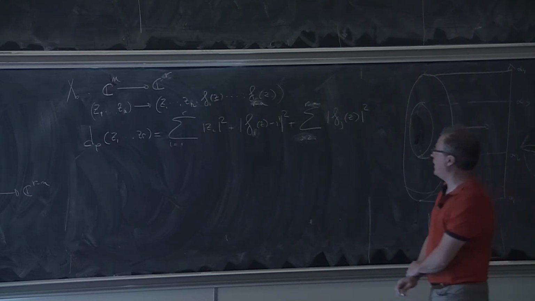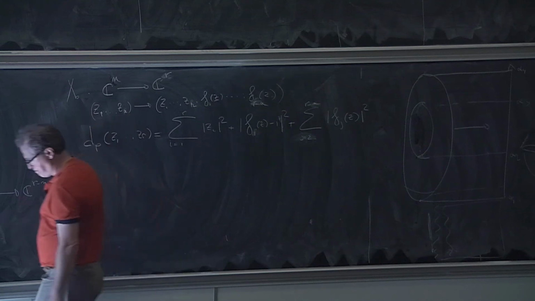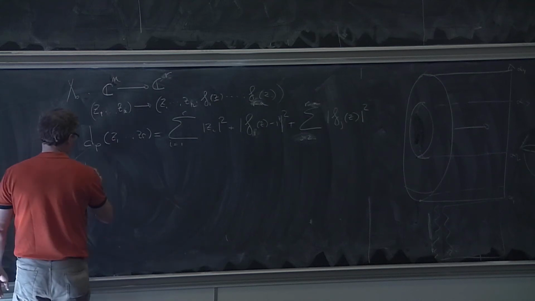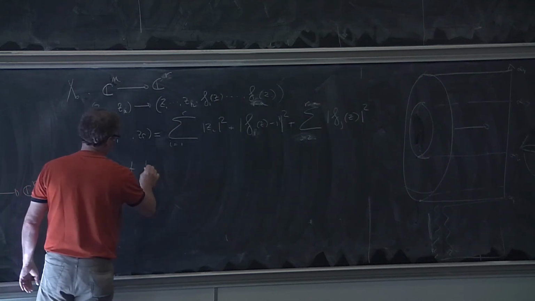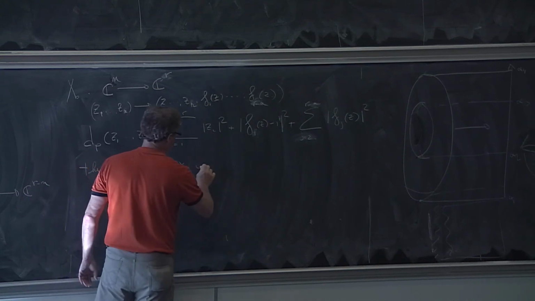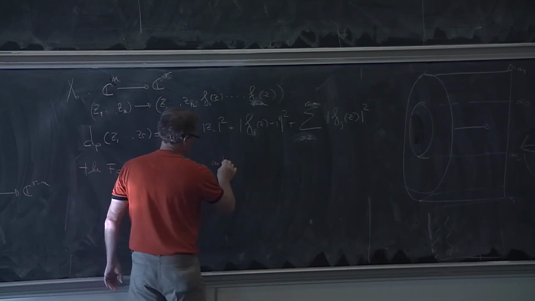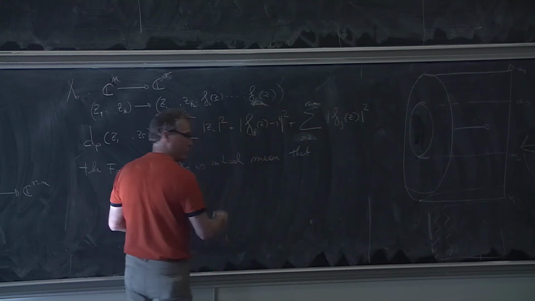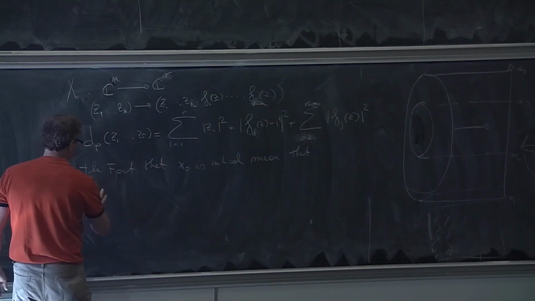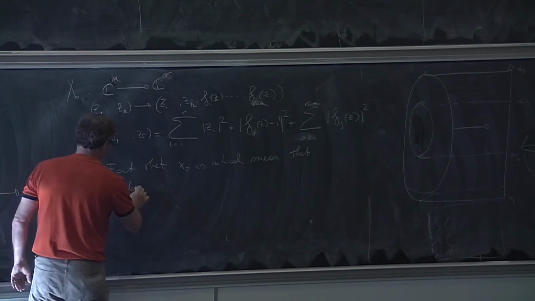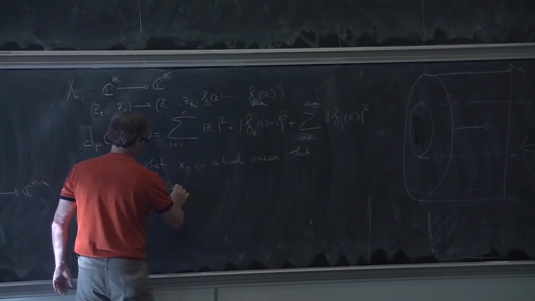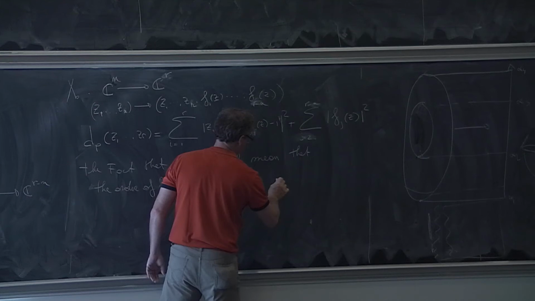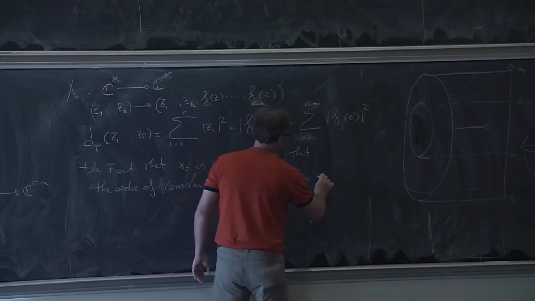The fact that x0 is critical means, as you can compute explicitly, that the order of vanishing of Fi at 0 is at least 2.